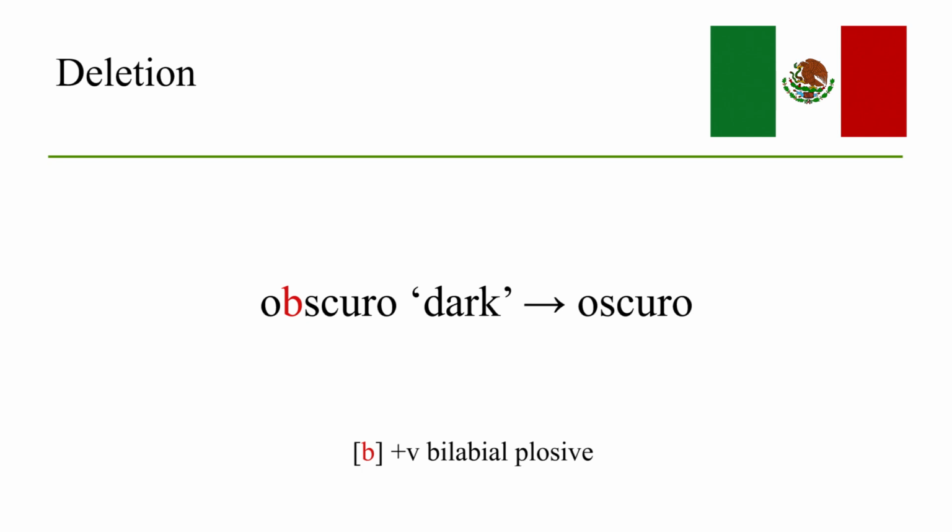Based on a conversation with my Mexican friend, the word obscuro, which means dark, has become oscuro now. So it means the ba has dropped, right? Elided, has been elided. It's become oscuro.